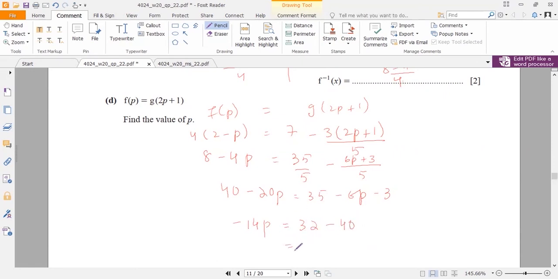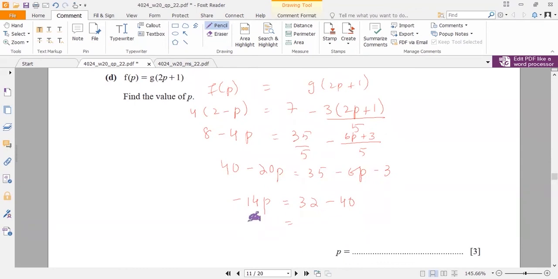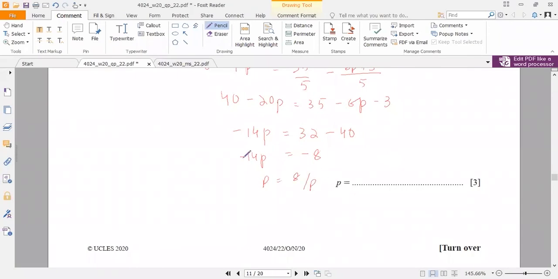So it will be minus 14p equals minus 8. So 8 divided by 14, negative sign will be cancelled. So it will be 8 upon 14, or we can further simplify it, it will be 4 upon 7. So the value of p is 4 upon 7.